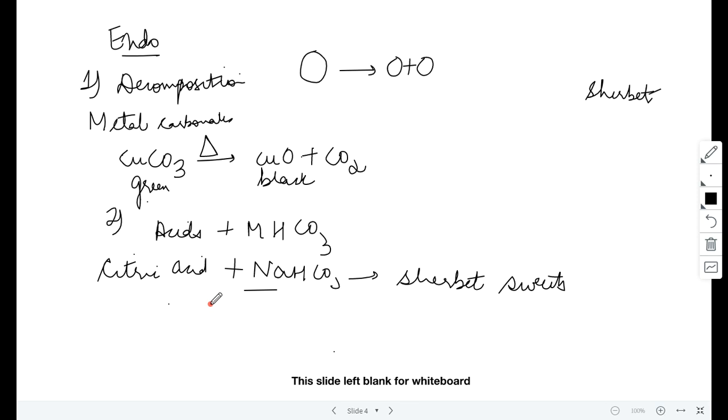So now if I give you one equation, let's finish this topic at least, the exothermic and endothermic. If I give you one equation, you have to tell me whether that's an exothermic reaction or the endothermic reaction. The temperature started at 21 degrees Celsius and it finished at 46 degrees Celsius.